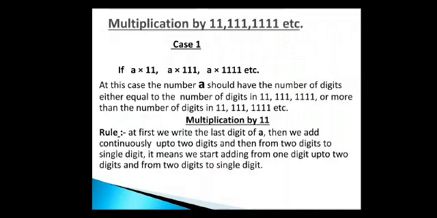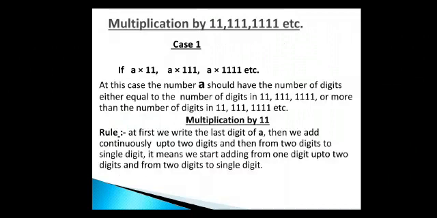So case first, if a is multiplied by 11, or a is multiplied by 111, or a is multiplied by 1111, etc. In this case, the number a should have the number of digits either equal to the number of digits in 11, 111, 1111, or more than the number of digits in these terms, etc.